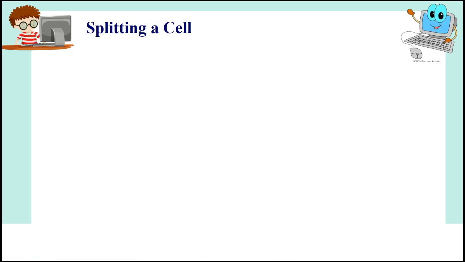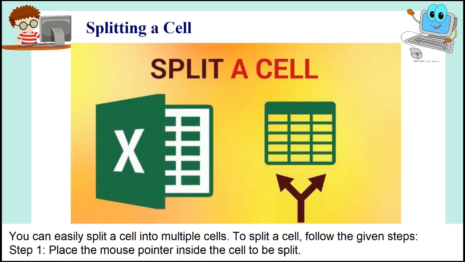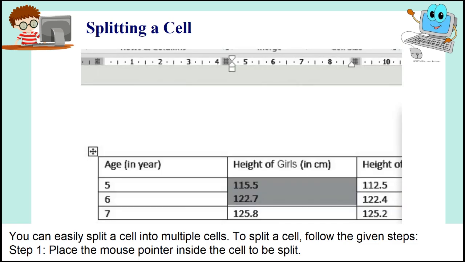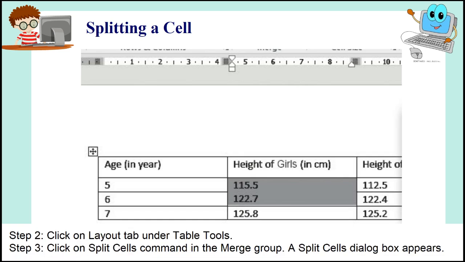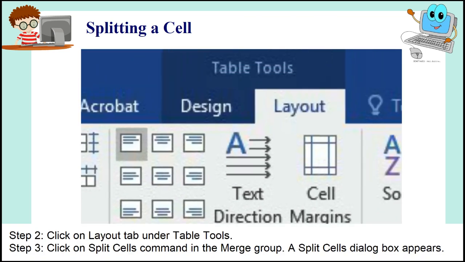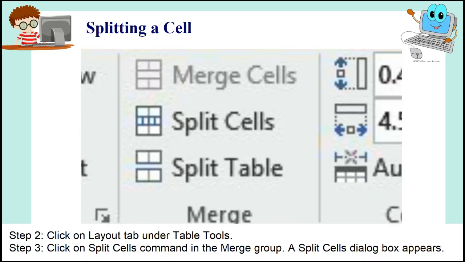Splitting a cell. You can easily split a cell into multiple cells. To split a cell, follow the given steps. Step 1. Place the mouse pointer inside the cell to be split. Step 2. Click on Layout tab under Table Tools. Step 3. Click on Split Cells command in the Merge group.